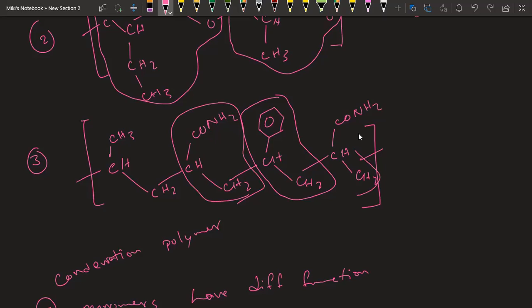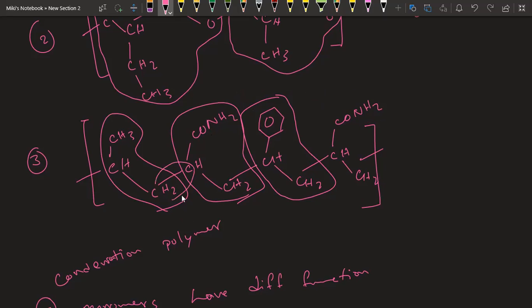Because here we have this one such, that means these two are the same. So that's completely relevant. Anything else we have? Yeah, we have this one. So this one could be another. Is it? Yeah, it is actually. So these are also possible monomers.